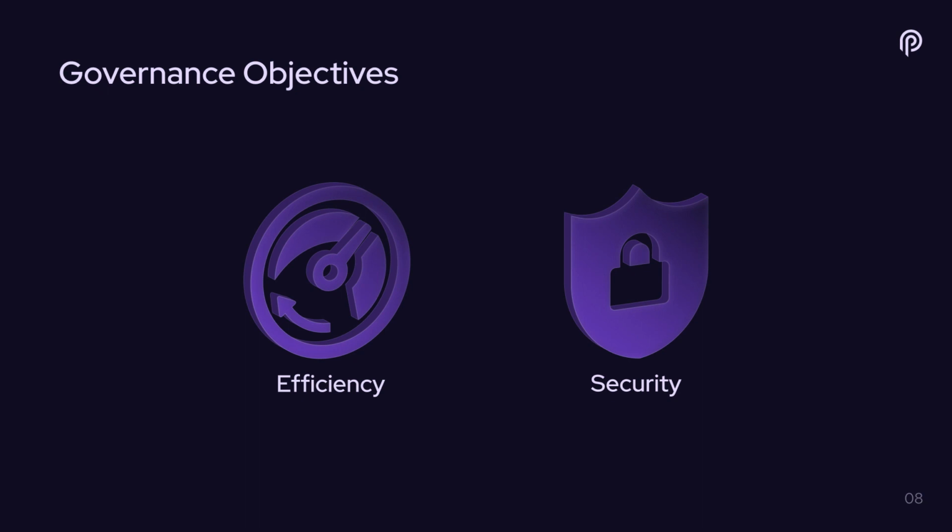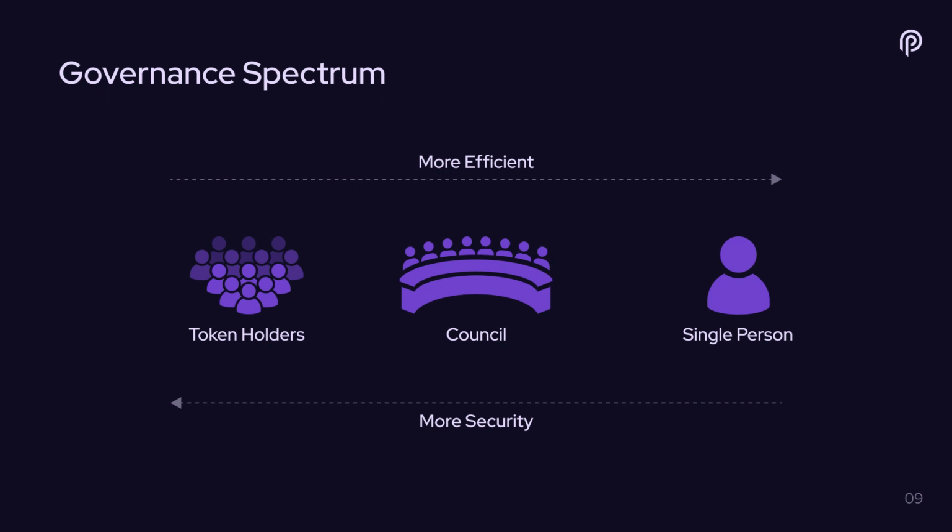And I think these objectives are kind of in tension with each other. One way to think about it is you can just think about a couple different processes that you could use, and I think there's a spectrum of whether they're efficient or secure. The simplest process, which some DAOs use, is they subject everything to a full token holder vote. Now, this process is secure almost by definition because everybody votes on everything, so their will is done.